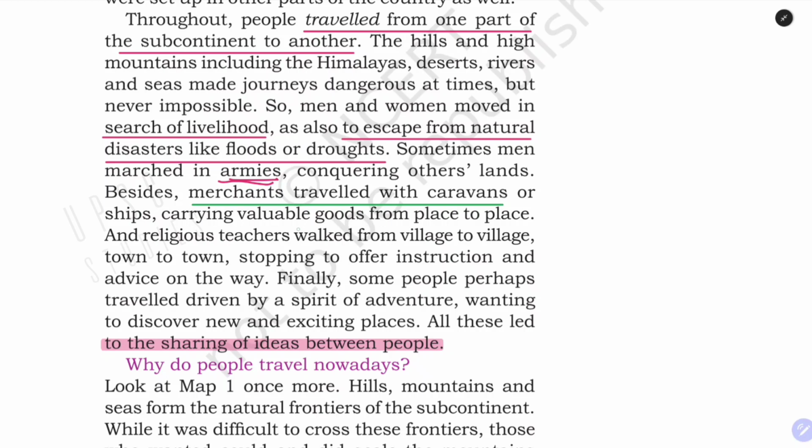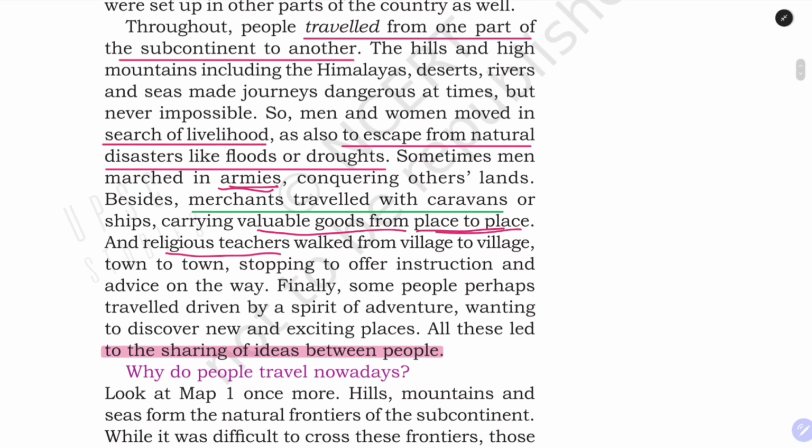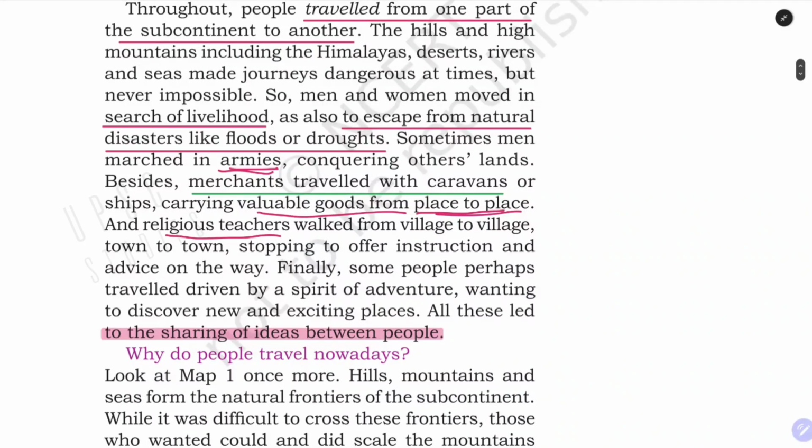So they transported valuable goods from place to place. So trade flourished. One point is to escape from natural disasters like flood or drought. Another point is in search of livelihood. Also for trade. And also we know that religious teachers walked from village to village, advising on the way, studying and offering instructions.